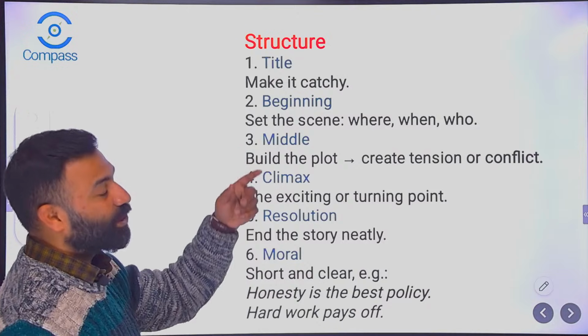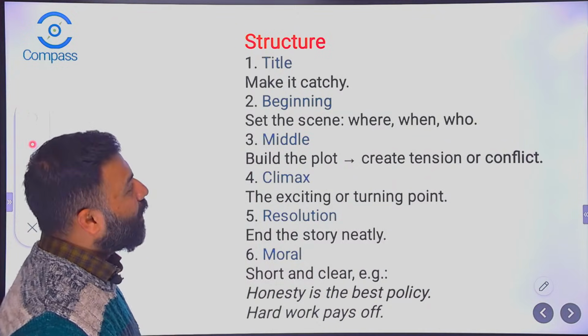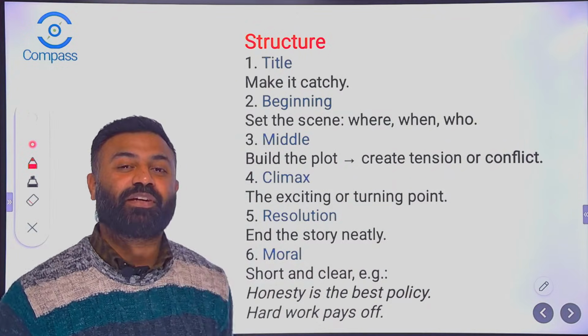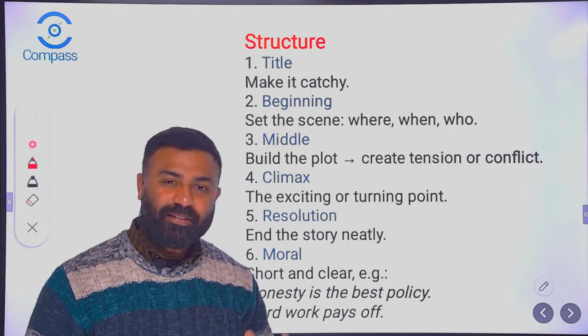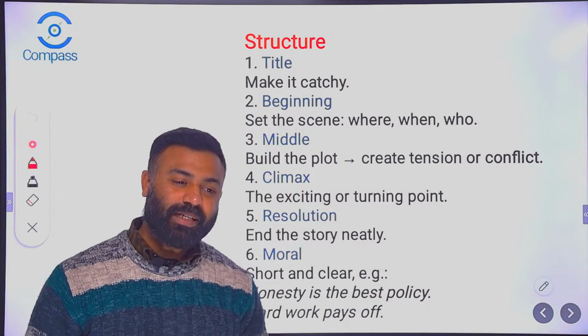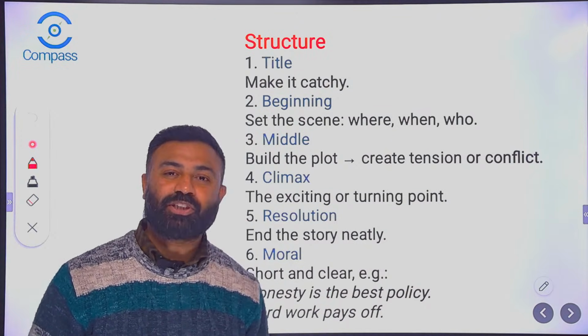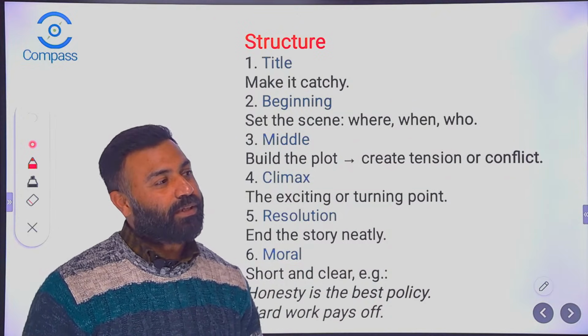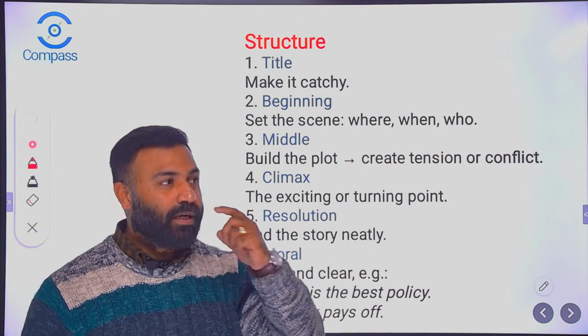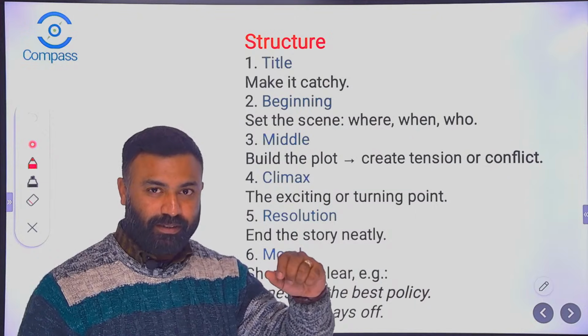Title, make it catchy. Catchy means something that catches the attention of the reader. Make it catchy. Okay, like, what is a catchy heading? Catchy heading means something that catches the attention of the reader. You must have been to malls and all. You get to see all these tags over there, no? Buy one get one free. Yeah, what is that?